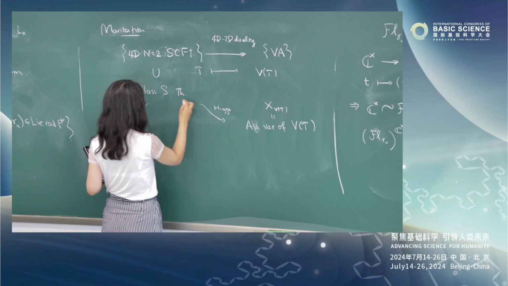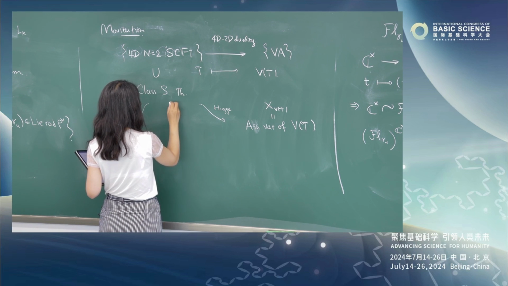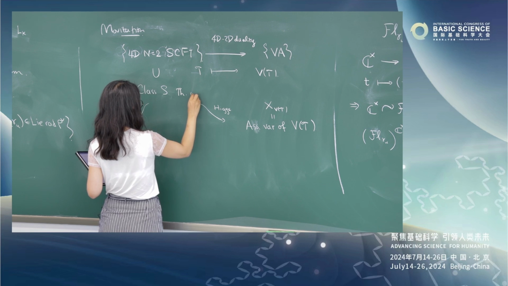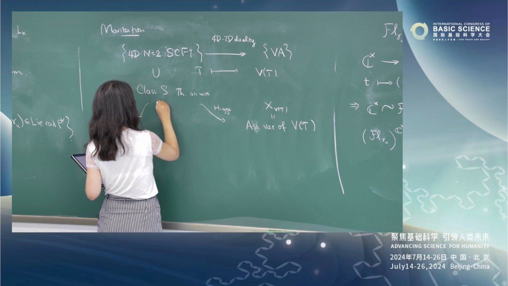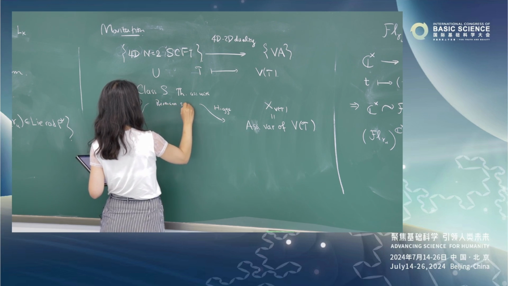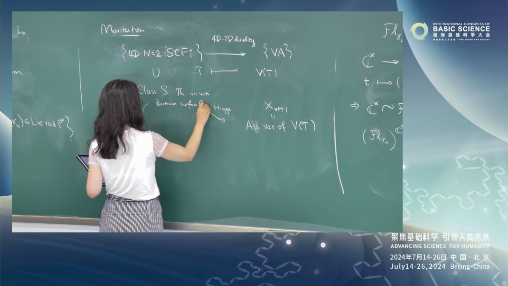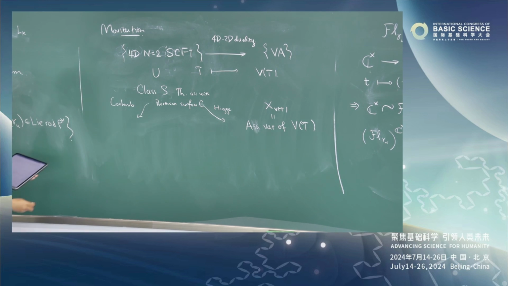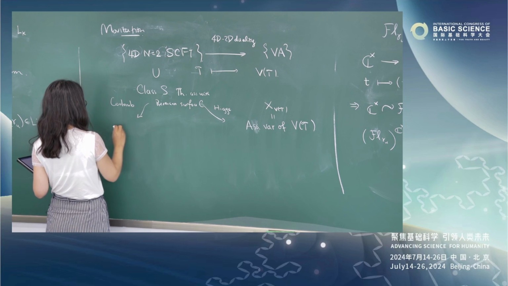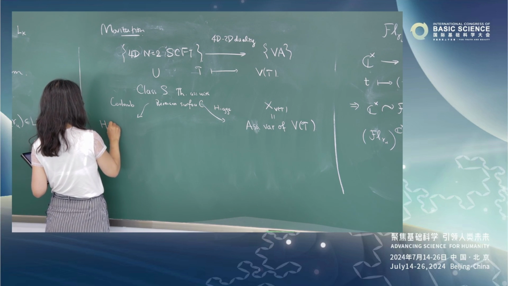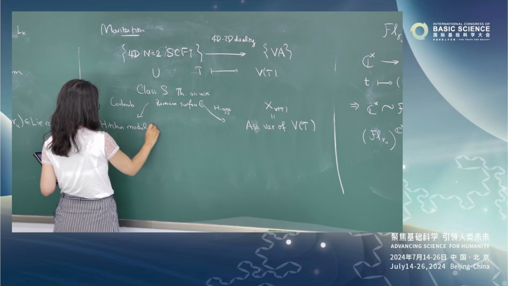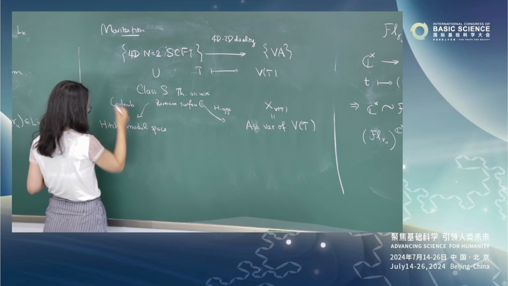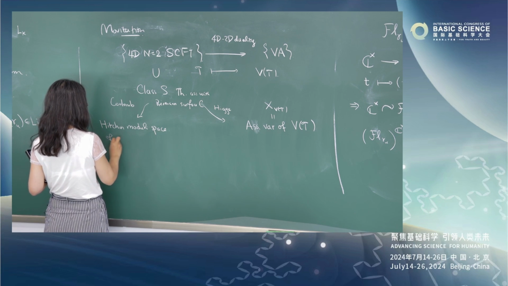A class S theory is associated with a Riemann surface C, and the Coulomb branch is given by the Hitchin moduli space of Higgs bundles on C.